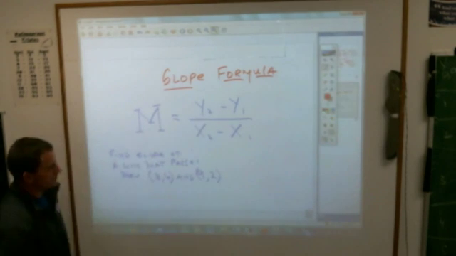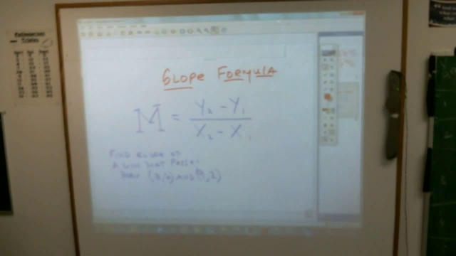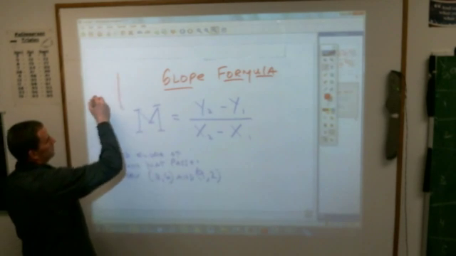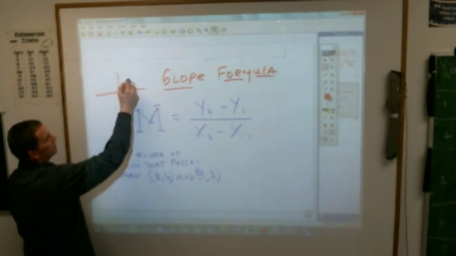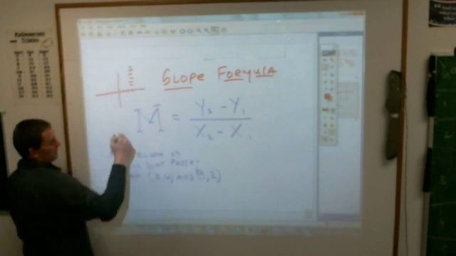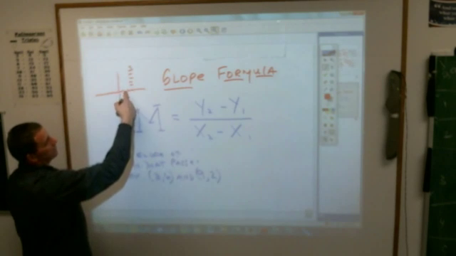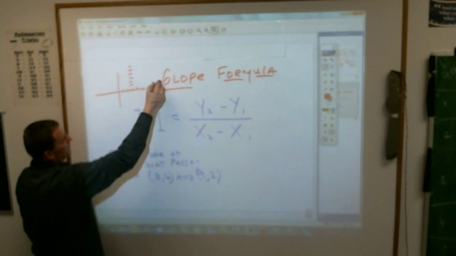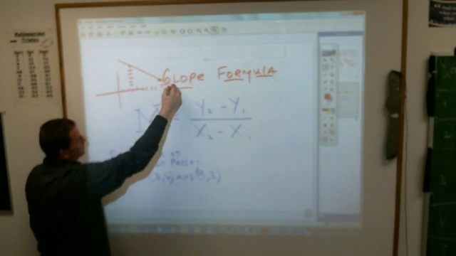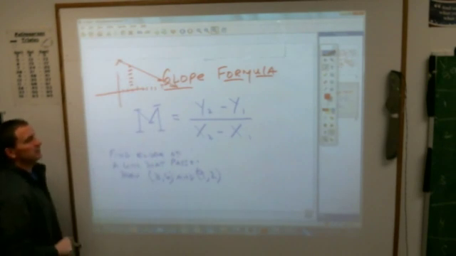When you use the slope formula, you don't have to draw the line. I could draw this line. I will just give you a short idea of what it looks like. 3, 6, and 9, 2. The line would look like this, but you don't need to draw that line because we have the slope formula.